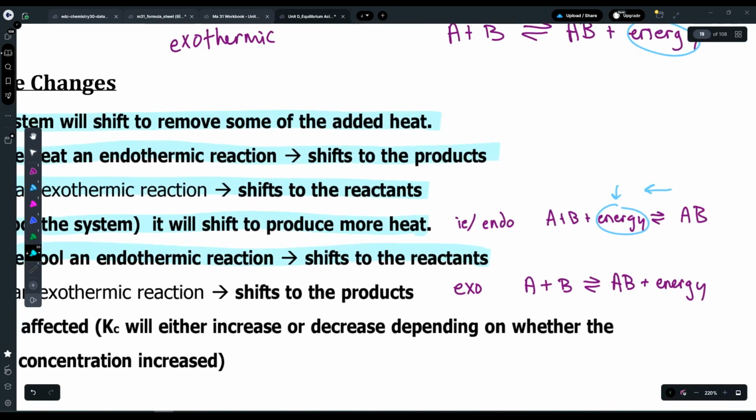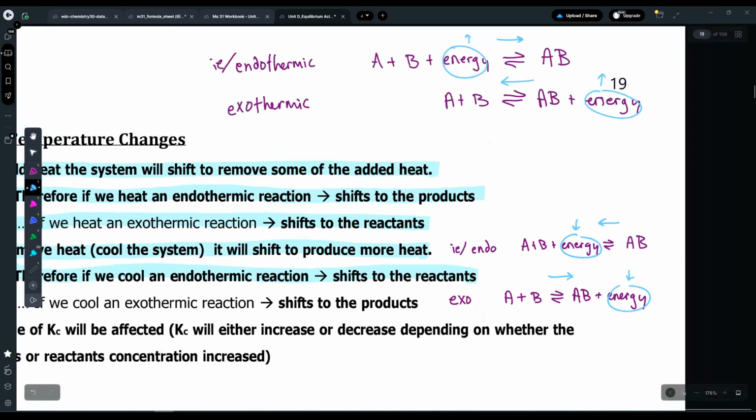Meanwhile, for an exothermic reaction, if we decrease, or if we take away heat by cooling down the system, when we take away, the equilibrium shifts towards, so this would favor the product side.